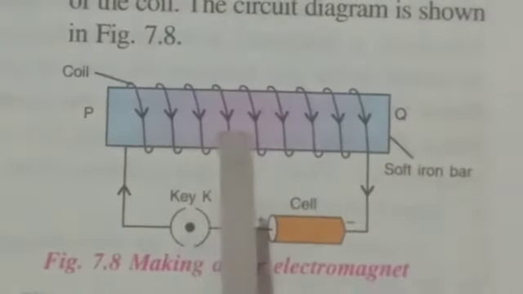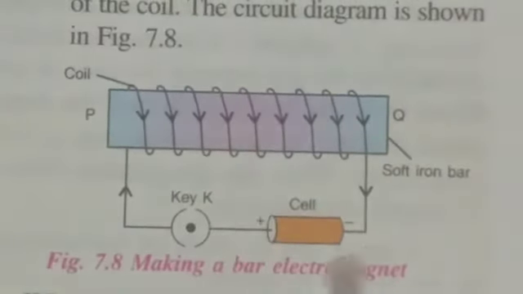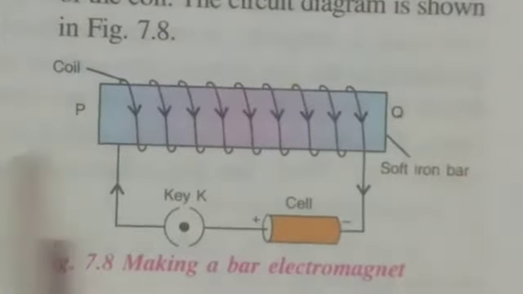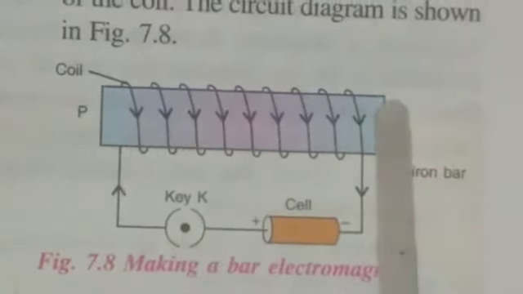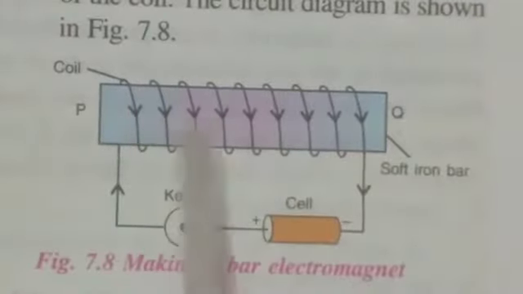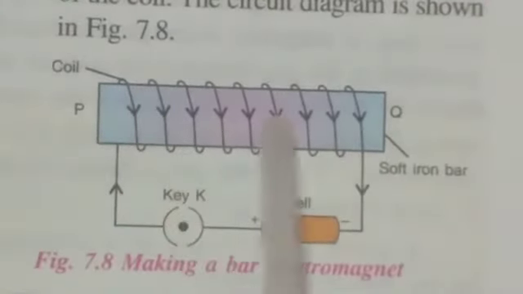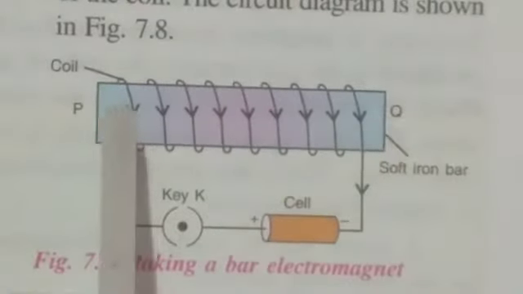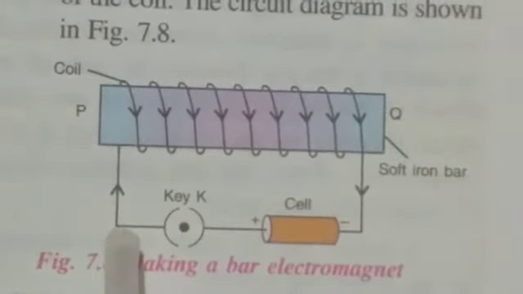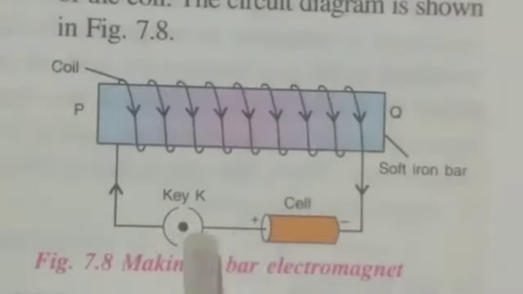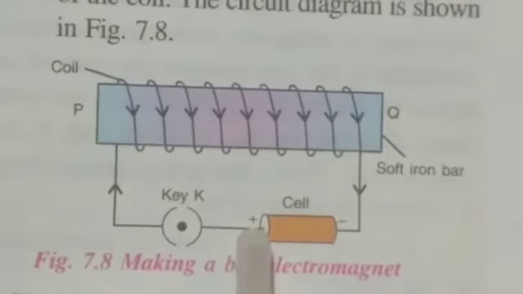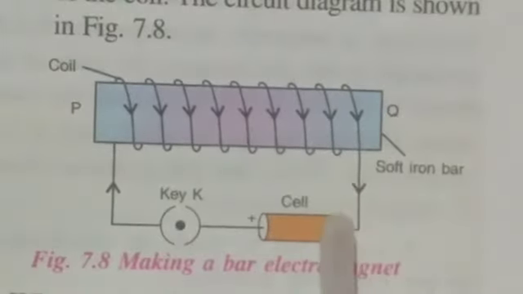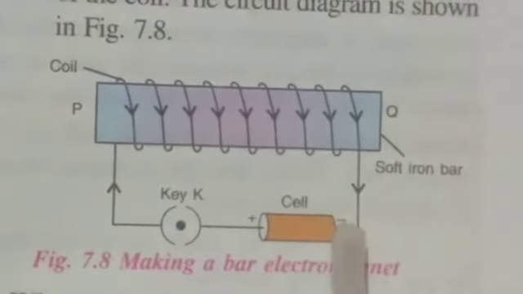Now let us see how we make a bar electromagnet. Here PQ is a soft iron bar and a copper coil is wound around it. One end of the copper wire is connected to the positive terminal of the cell and the other end is connected to the negative terminal.